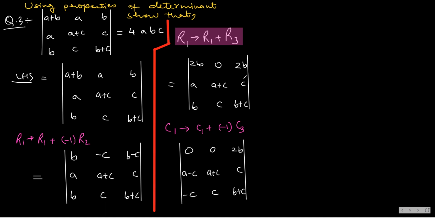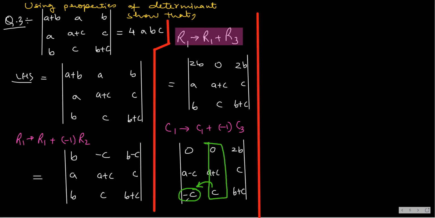Students, now my greed for zeros is increasing. I'm getting more greedy for zeros. You know what? I am getting one more 0 here. I can get even 0 here. How? I can just add the elements of C2 to C3. If I add, this will also become 0.